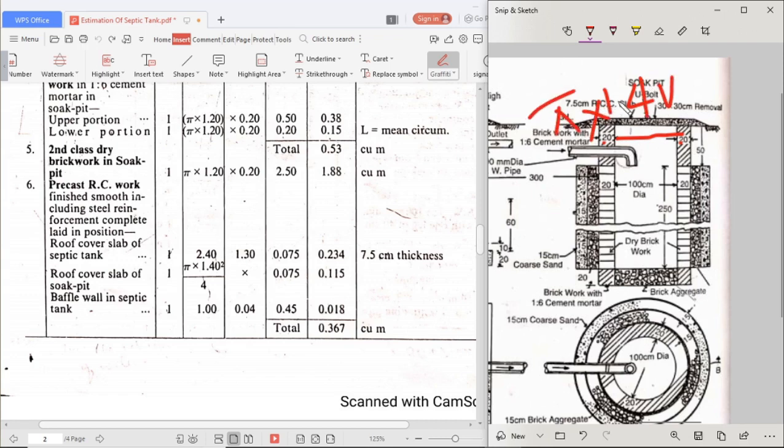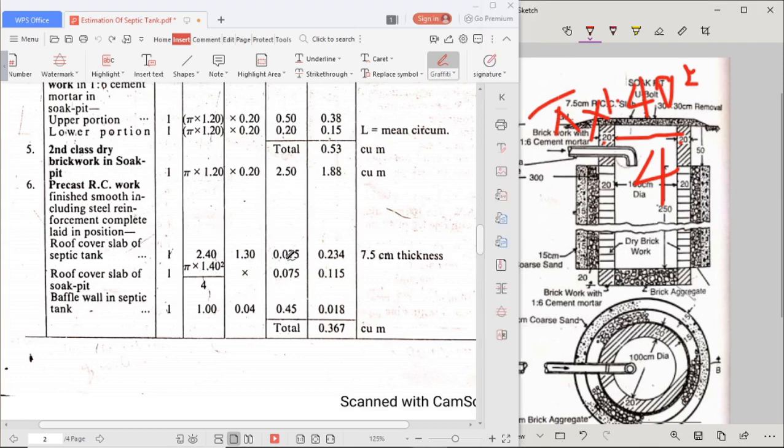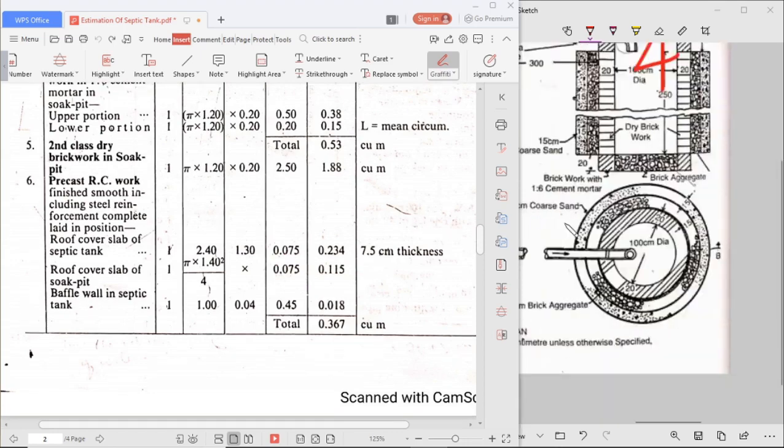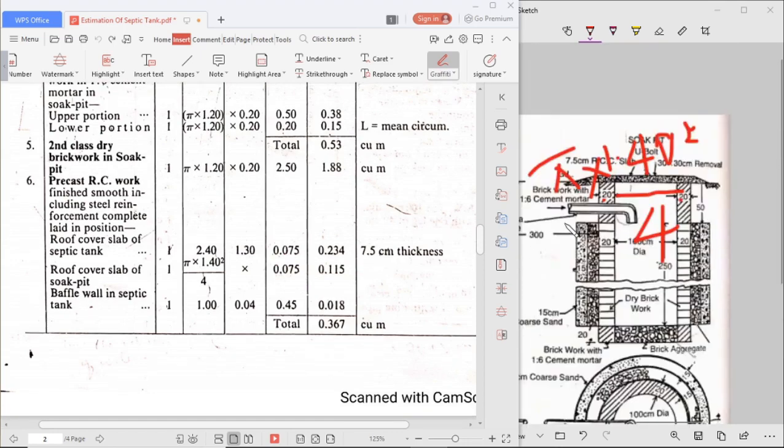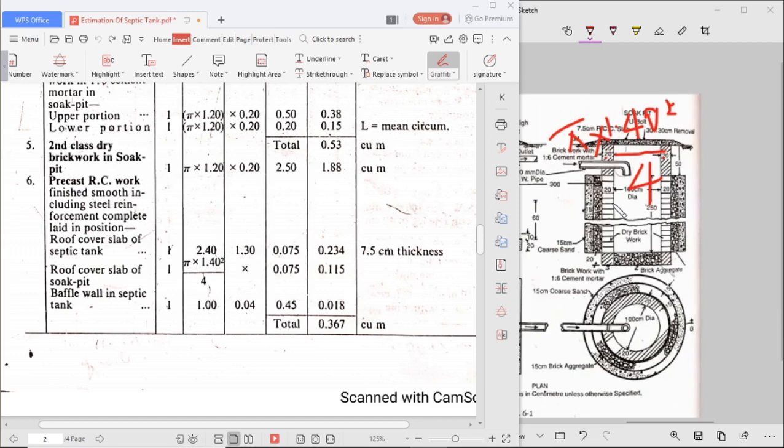Pi into 1.40 whole square divided by 4, into the thickness of the slab, 0.075. If you multiply, we will get 0.115 cubic meter as the quantity. Then the slab precast was over.